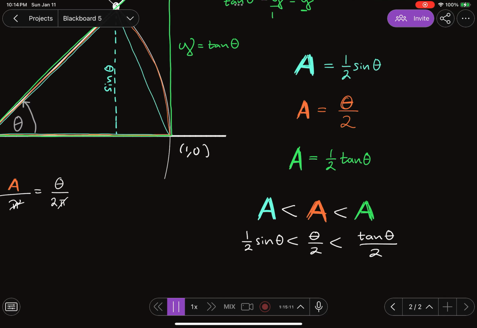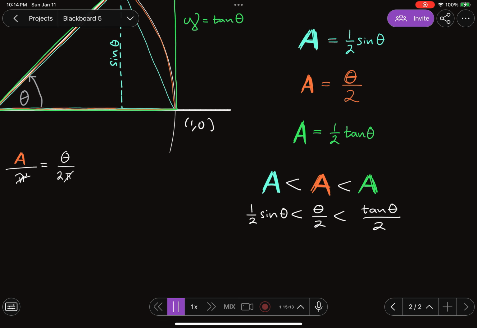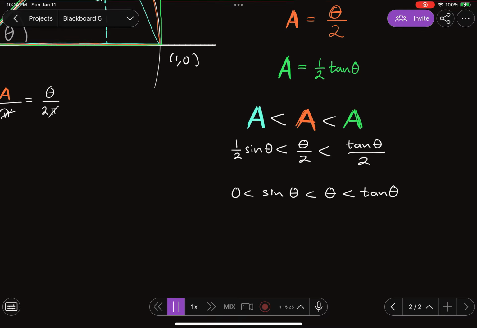Okay? Multiplying everything by 2 and recalling that sine of theta in this case is bigger than 0. And then let's divide everything by sine of theta, which is bigger than 0, so I don't have to change any directions.